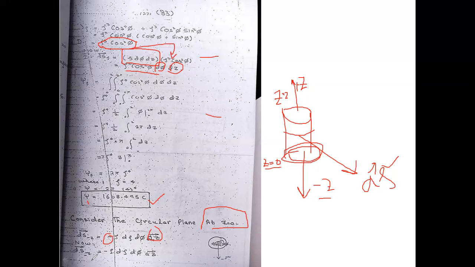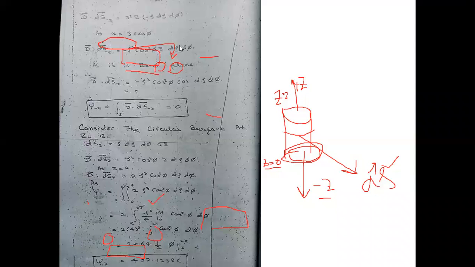So the dS in the direction of minus z will be equal to minus rho d phi, in the direction of minus a_z. Very simple. Replace x equal to rho cos phi. So D dot dS, only the z component will be used now.